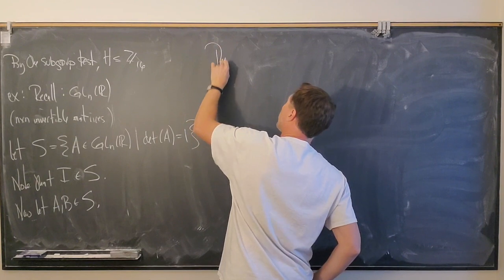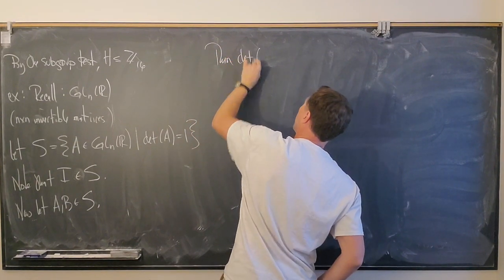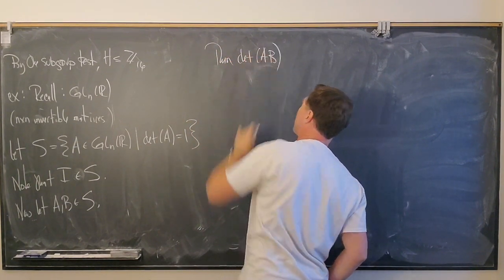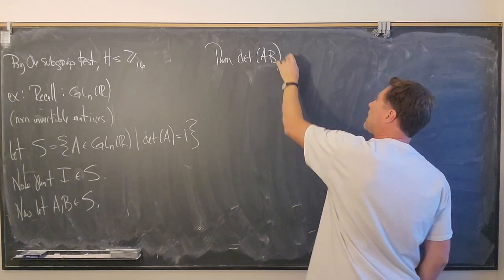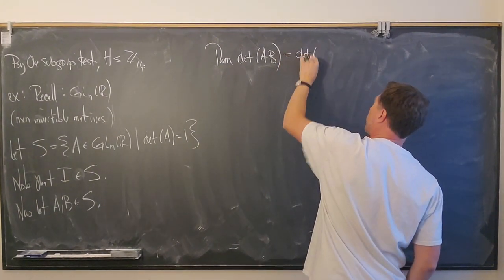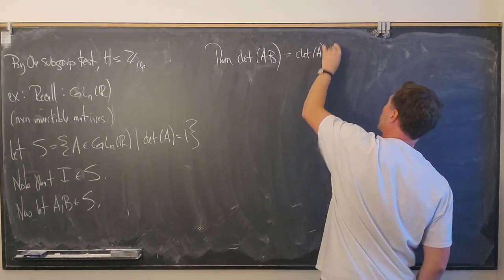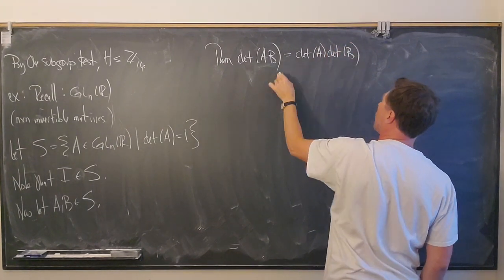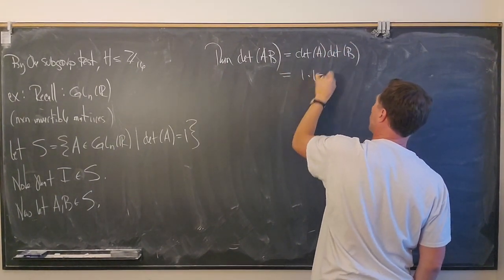So then, let's look at the determinant of A times B. The determinant has a nice property that it's equal to the determinant of A times the determinant of B. And so that's going to be 1 times 1, which equals 1.